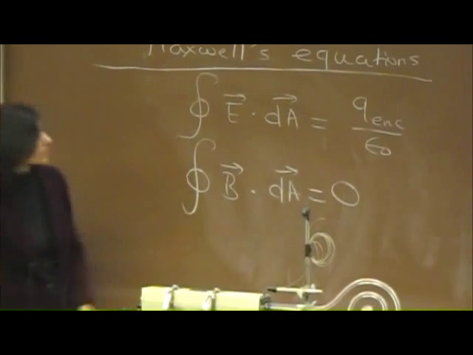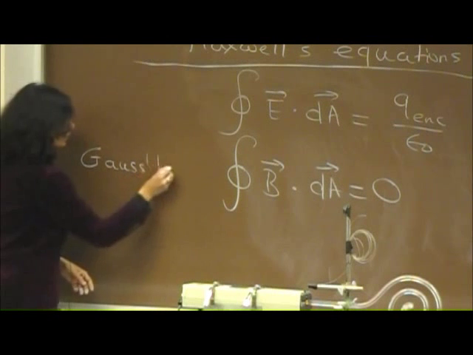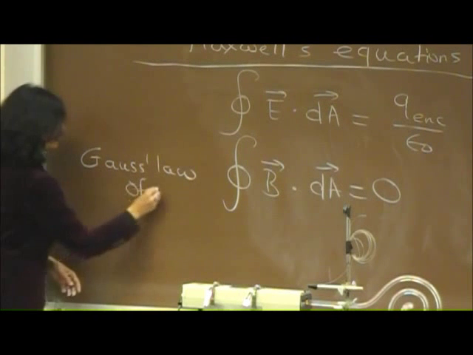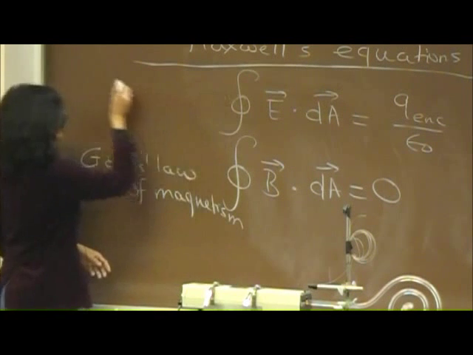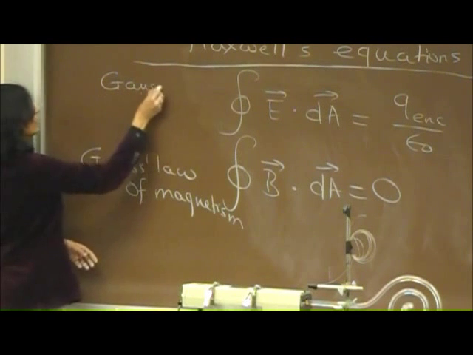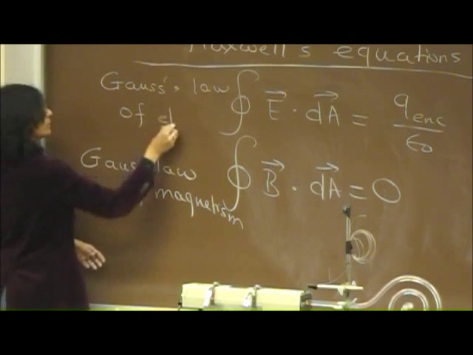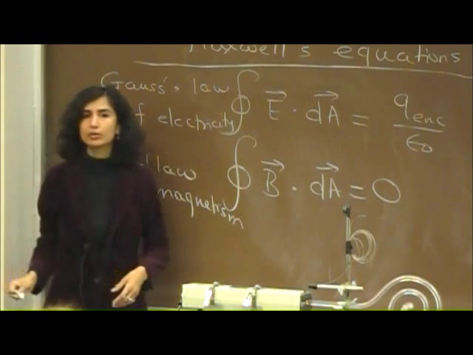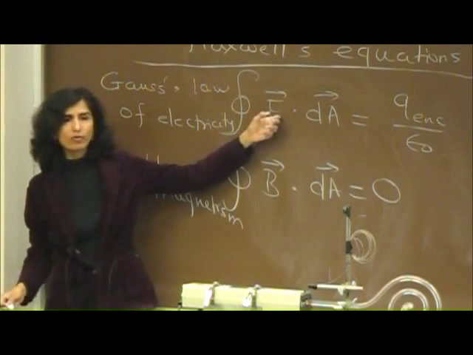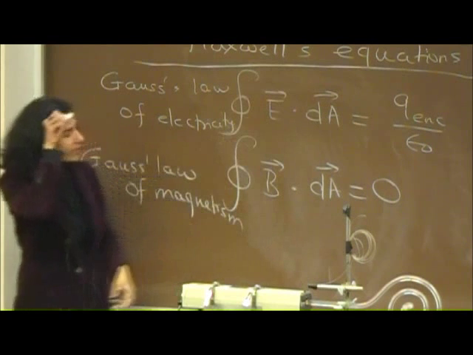So this is always 0. This is called Gauss's law of magnetism. By the way, I'm not going to write down Coulomb's law separately, because for electrostatics, Gauss's law and Coulomb's law are equivalent, and this is the more beautiful way of writing things.